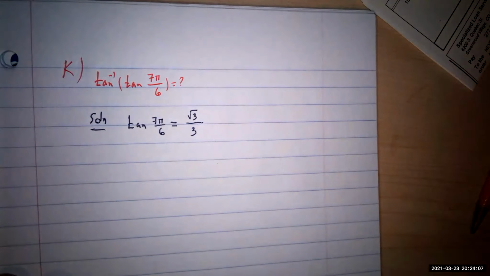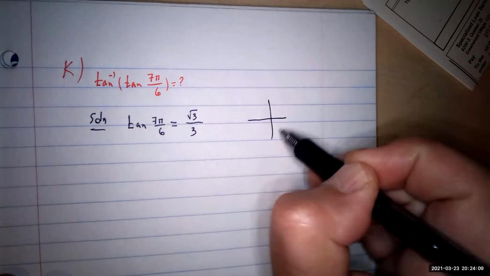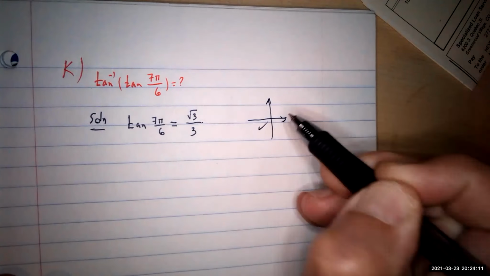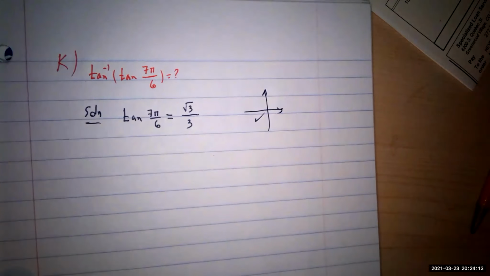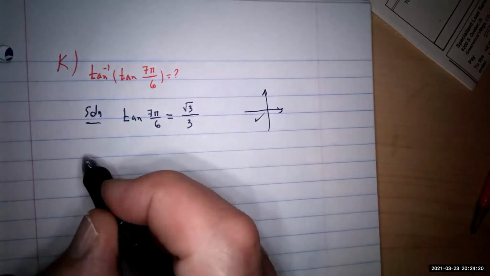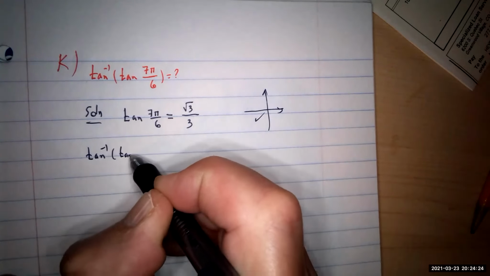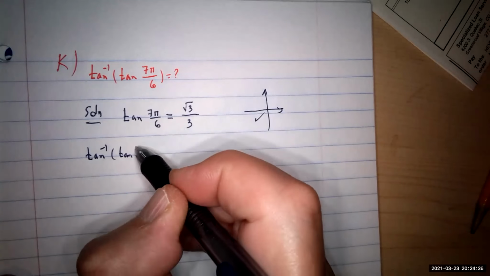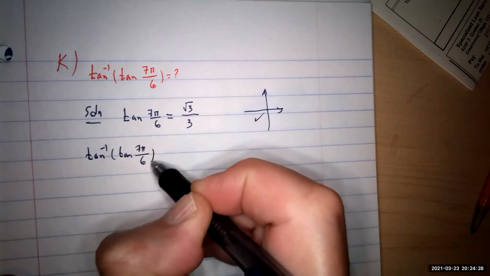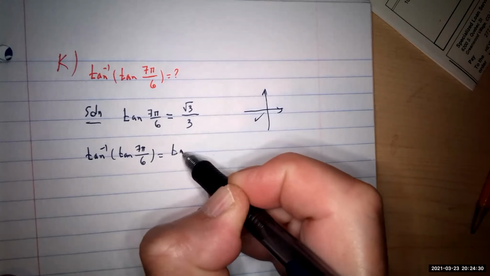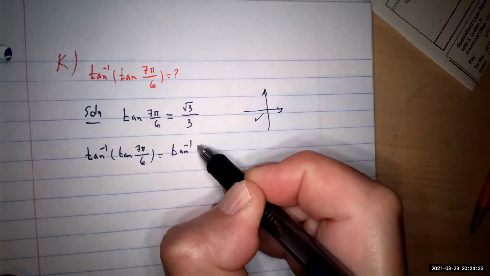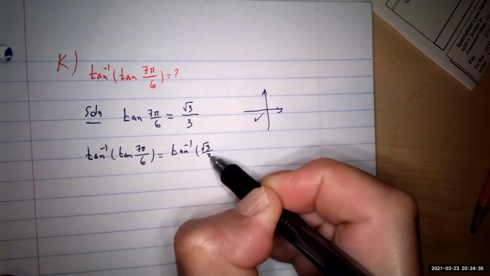7 pi over 6 is in the third quadrant, where the tangent is positive, and the tangent of 7 pi over 6 is the same as the tangent of pi over 6. Now we go back: tangent inverse of the tangent of 7 pi over 6 changes into tangent inverse of radical 3 over 3.